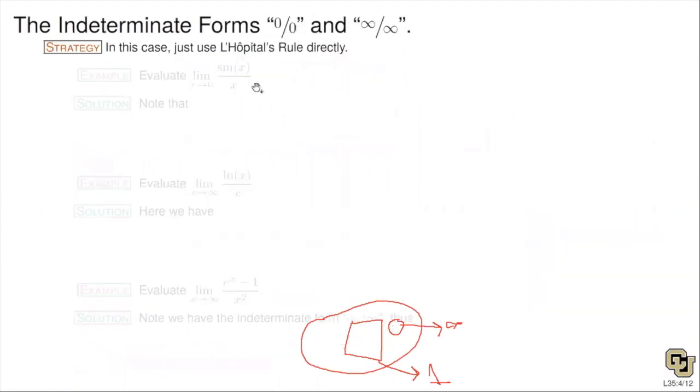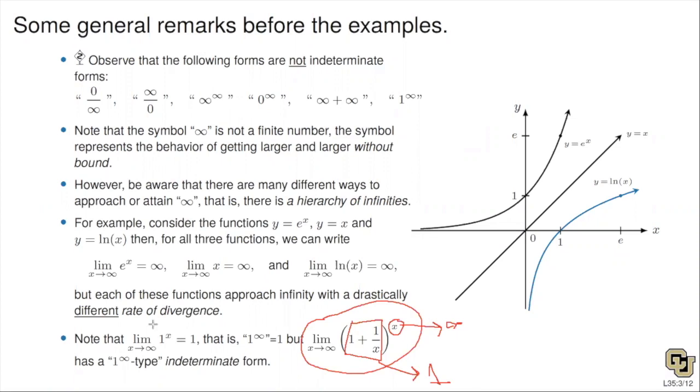Here we have what I call, and I apologize for that, a 1 to the infinity type, and it's an indeterminate form. The book just refers to it as 1 to the infinity, which I feel is really misleading because 1 to the infinity is not indeterminate. So I like to call it a 1 to the infinity type. The point exactly is that the base here doesn't equal 1.